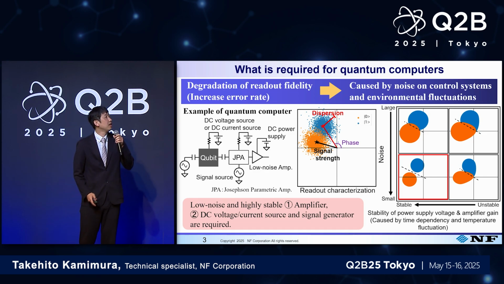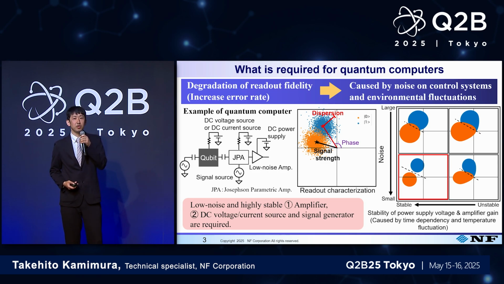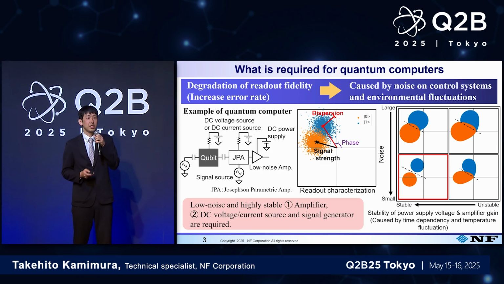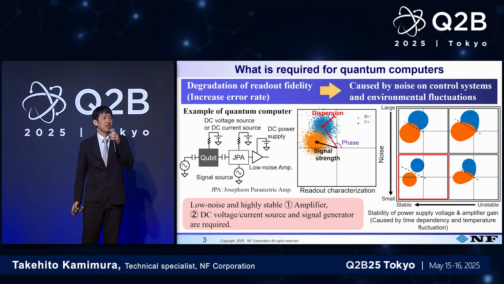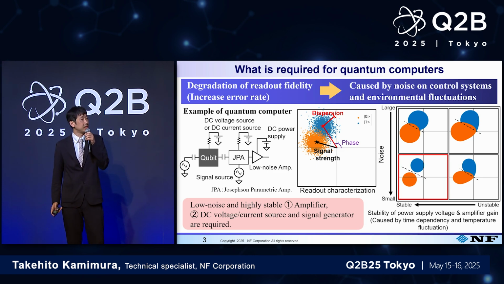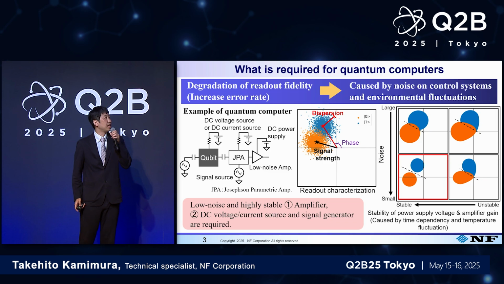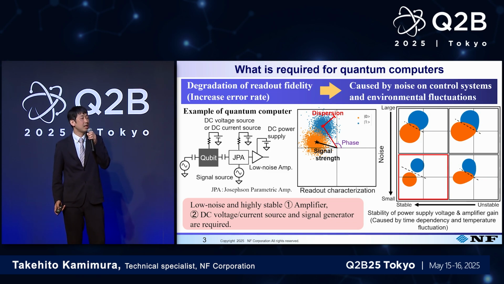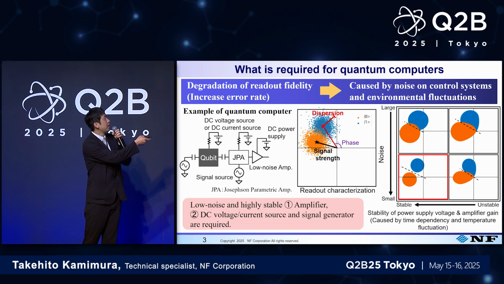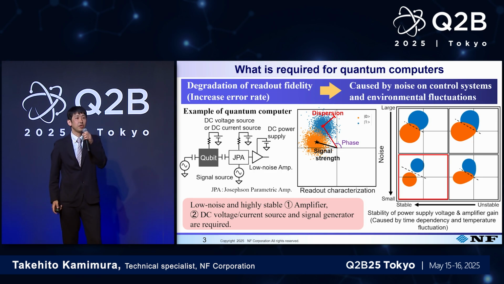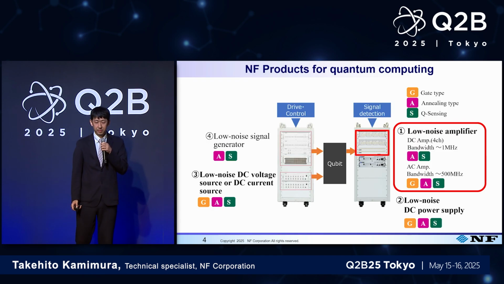Again, it is not ideal. With low noise and low impact from the environment, the overlap of 0 and 1 is solved, and readout fidelity becomes higher. So low noise and highly stable environments are very critical. Quantum computing's peripheral devices should be low noise and highly stable devices.